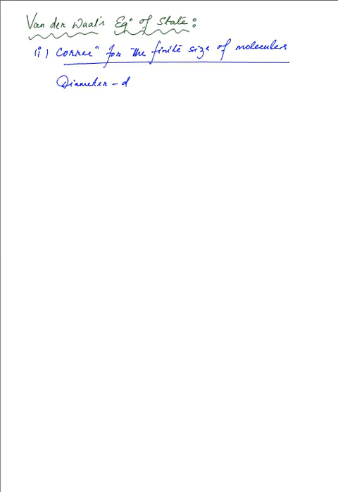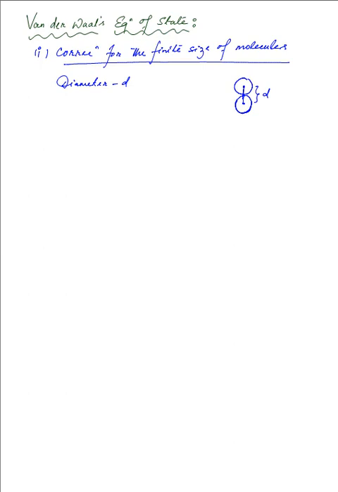Just as we had given the condition for mean free path, if we have two molecules over here, the centers will always be separated by a distance d, because d is the diameter. They cannot be closer than this distance d.